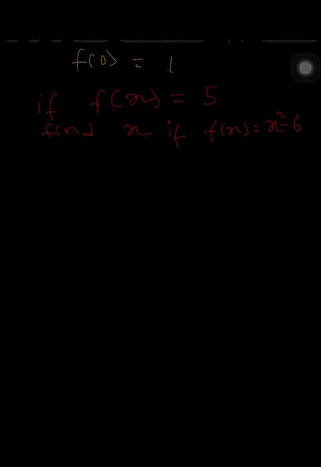In this case, this is what we do. We've been given the value of y, or the value of the function, and we have the function too. So we want to find the inputs that we are supposed to put inside to give this output. It means that f of a certain value x is giving us x squared minus 6, and this results in the function value 5, meaning that x squared minus 6 is equal to 5.